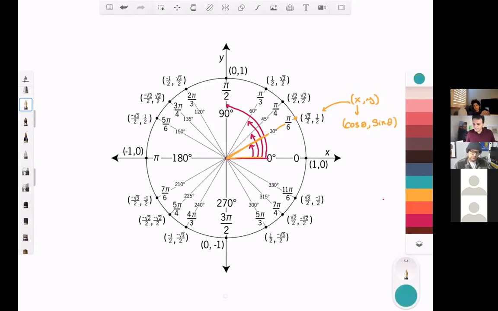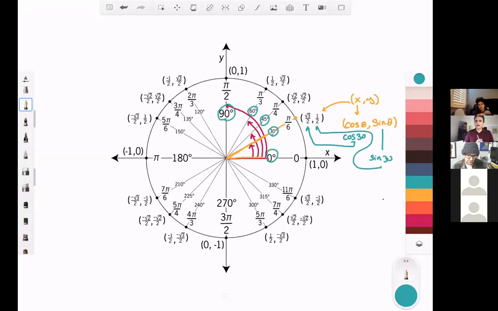For example, when theta is 30, cosine of 30 will be radical 3/2, and sine of 30 will be 1/2. Good. I would like you guys to memorize sine and cosine for the angles 30, 45, 60, and 90, also 0.